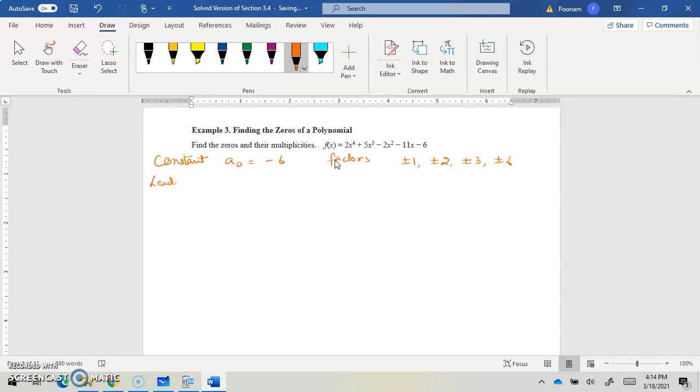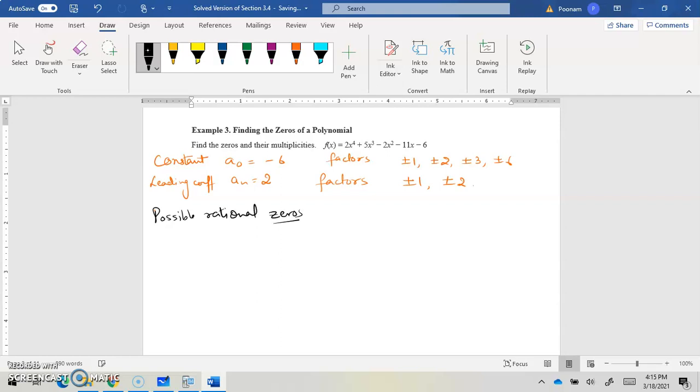Write the leading coefficient an. In this case, it is 2. What are its factors? They will be plus minus 1 and plus minus 2. So, what are the possible rational zeros?